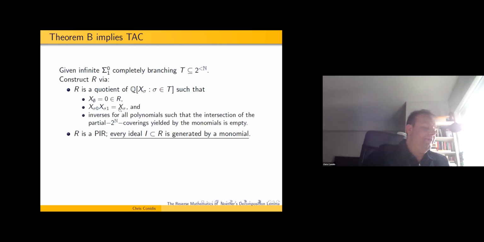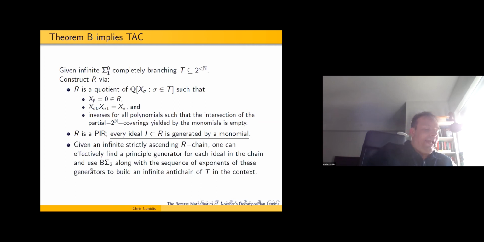This construction is not a hard construction, but it leads to a very nice ring. If you have an infinite strictly ascending chain, well, that's a chain of ideals in a principal ideal ring, and so every ideal has a generator. You can actually find that generator effectively.